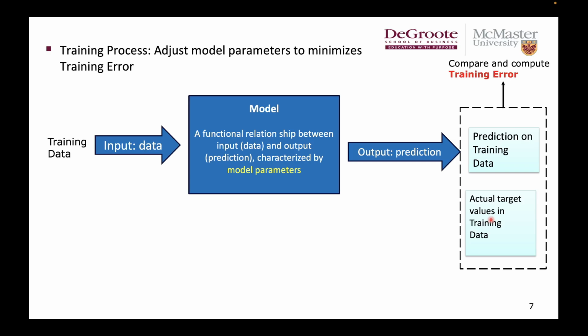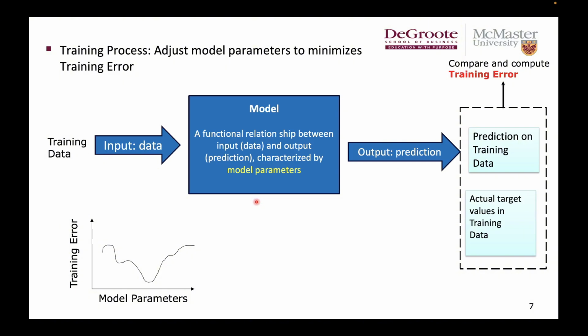I want it to be accurate. I want the prediction by the model to be very similar, very consistent with the actual observation. Then we have a small training error. So we're going to compare those to get some idea about the training error. And then remember, the models are characterized by the model parameters. I can actually change the model parameters and observe how the training error also changes.